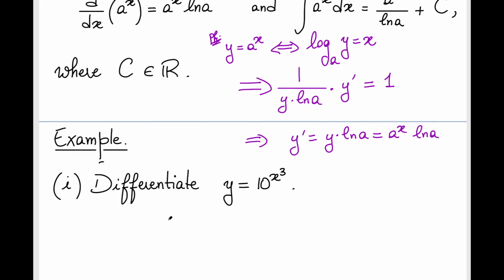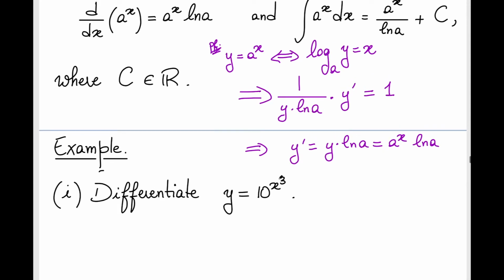Now differentiate y equals 10 to the power x cubed. Please contrast this with the previous result and try to do it. Differentiate y equals 10 to the power x cubed. Again, the name of the variable doesn't matter, because it's a dummy letter.